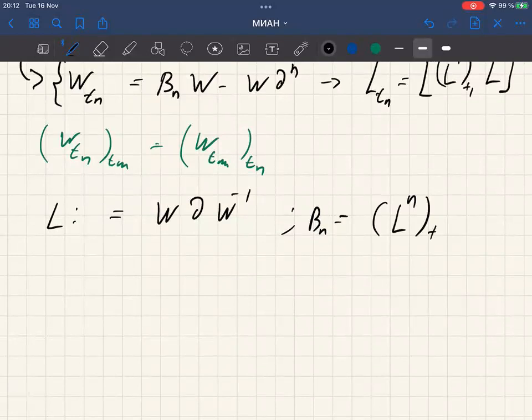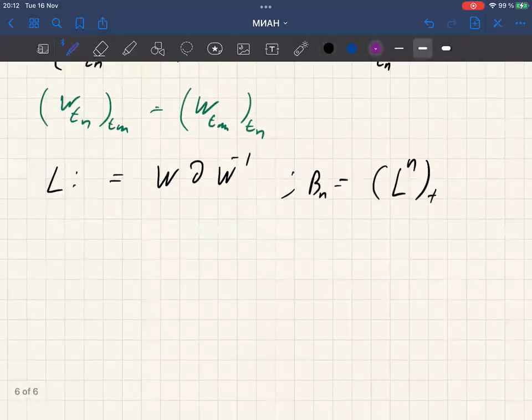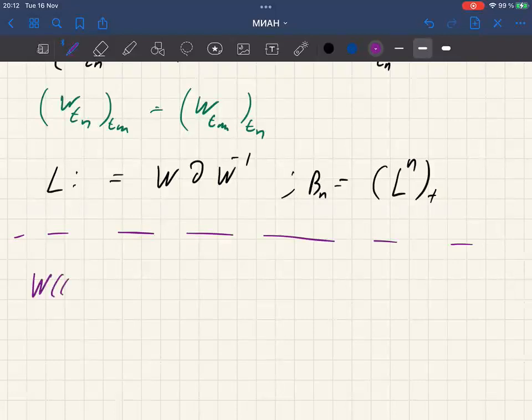Now let us introduce several important features. First of all, we have this omega, which is dependent on t.